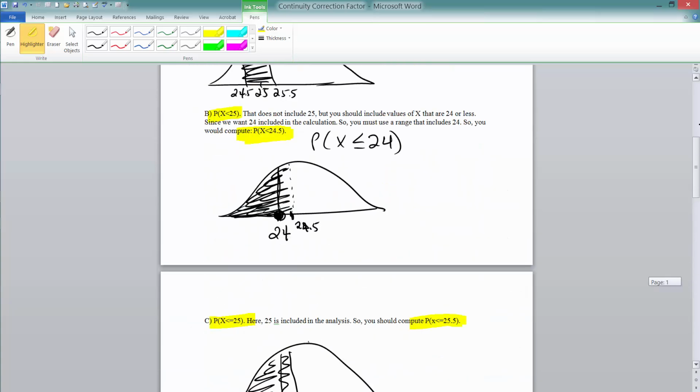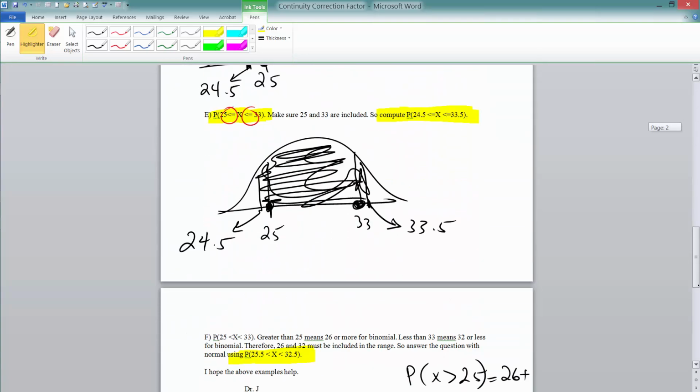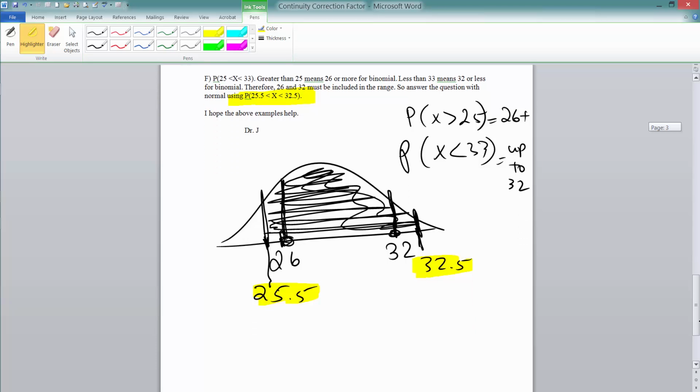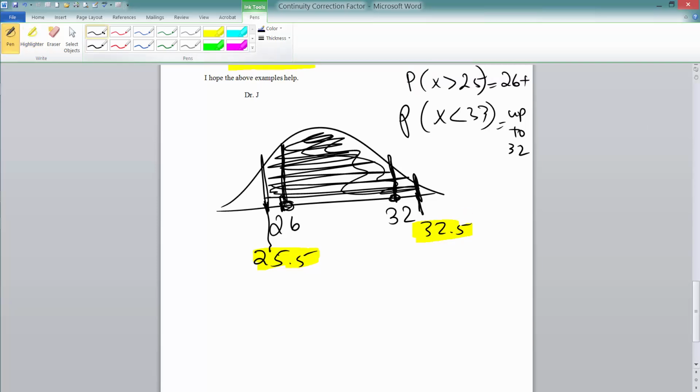And of course, how we then compute this is, let's assume that for this, whatever the n and p is for the binomial, we would say mu for the normal distribution is equal to n times p, and the standard deviation for the normal distribution is the square root of n times p times q, which is the variance, because we take the square root of variance to get standard deviation.